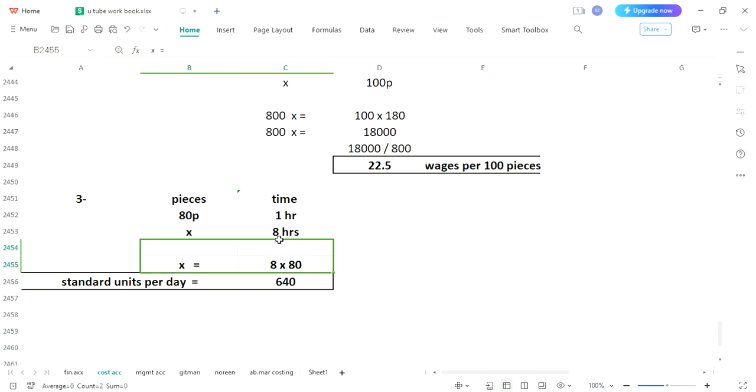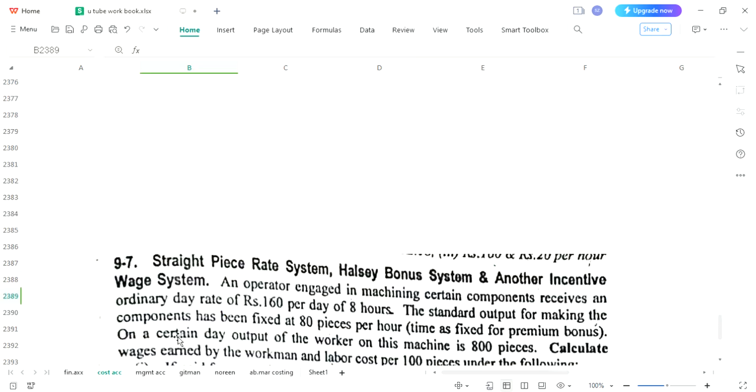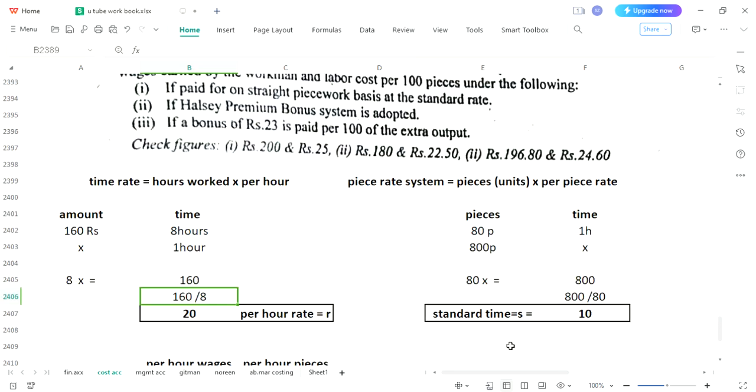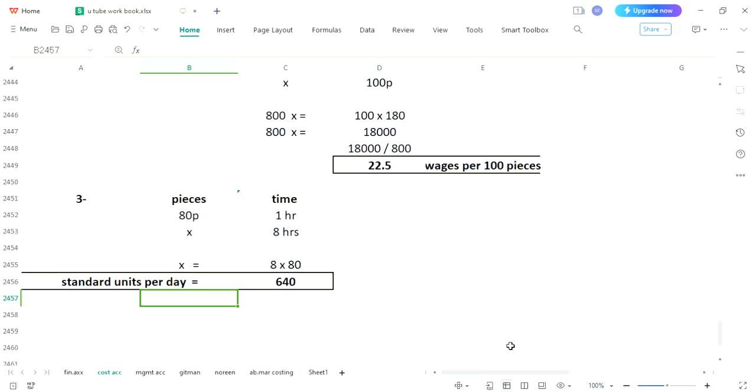And this was your standard production per day, 640. While in the question you can see on a certain day he had produced 800 pieces. Now let me know, did he work efficiently or did he not perform well? Obviously you will say efficient working because 800 units were produced.